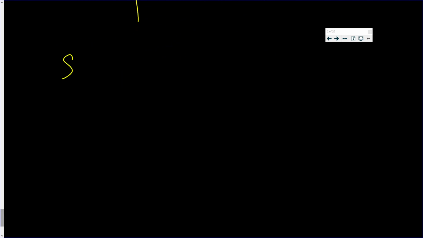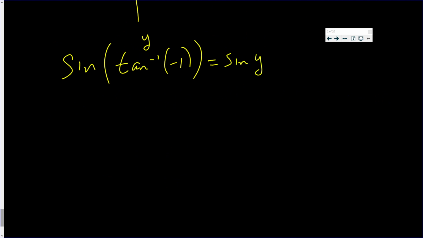What if I ask you to find the sine of the tan inverse of -1? Well, let's call it y. So we want the sine of y. And once I know the sine of y, I'm done. It'd be nice if we can draw a right triangle with angle y in it, and then I can label all 3 sides, or at least 2 of the sides, opposite over hypotenuse, and I can find the sine.